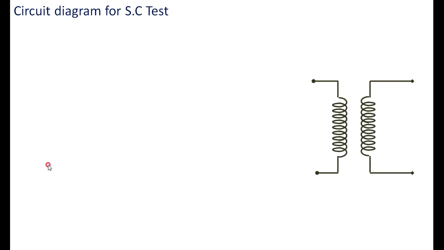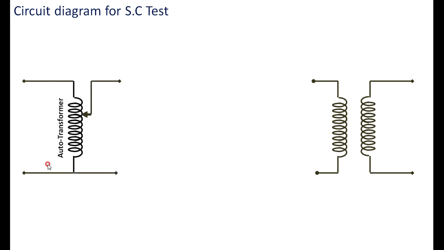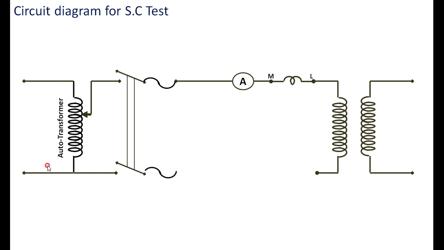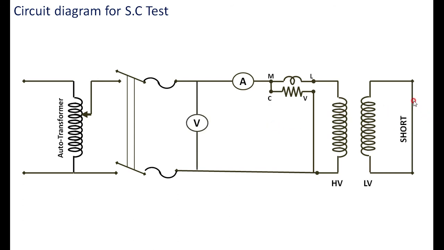Then what is the setup for the short circuit test? We can see now. Once again the transformer is required, then the autotransformer, then an ammeter and the wattmeter current coil, completing the circuit here, then you connect the potential coil of the wattmeter, and you short circuit the secondary.